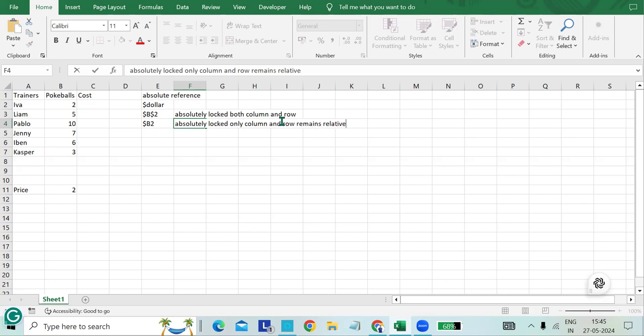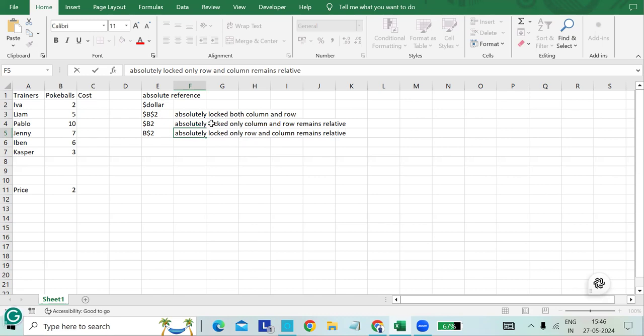And if you do like this, B dollar 2, then it is absolutely locked only row, and column remains relative.